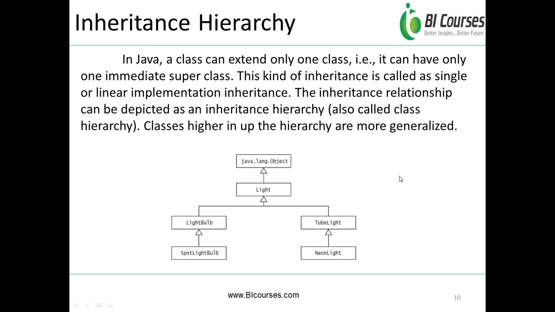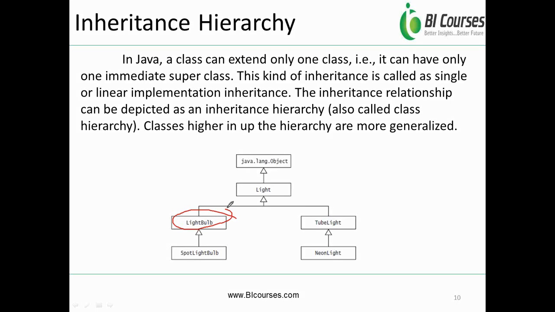The inheritance relationship can be depicted as an inheritance hierarchy. In Java the top superclass is Object. Light extends the Object class. A subclass of Object is Light, Light is extended by LightBulb, and LightBulb has a subclass SpotlightBulb, and Light also has TubeLight and NeonLight. But LightBulb does not extend TubeLight.